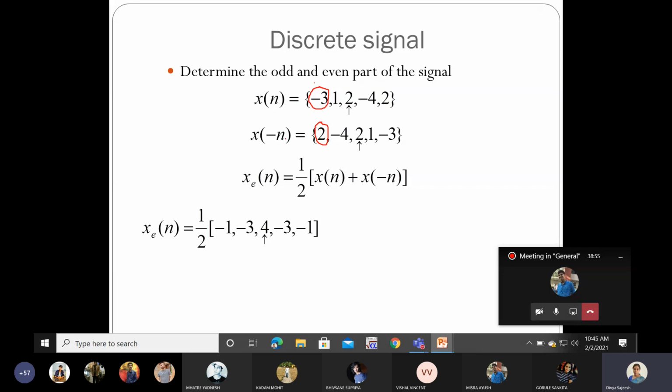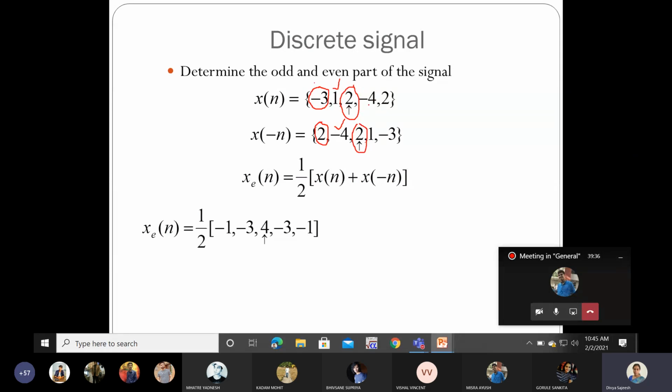So minus 3 plus 2 is minus 1. Similarly, the next position is x of minus 1: here it is 1, and in this one x of minus 1 is minus 4. So 1 minus 4 will be minus 3. And at the origin we have 2 here, and here also 2. So 2 plus 2 is 4.